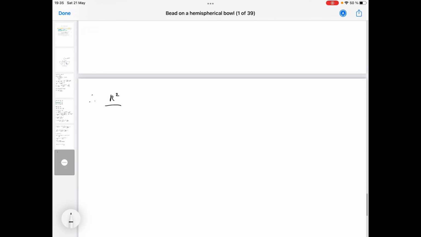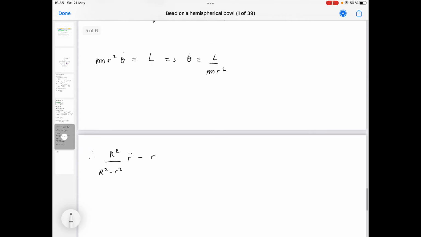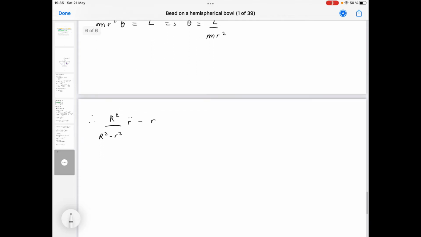So we would just get r squared over capital R squared minus little r squared times r double dot, minus r times phi dot squared, so minus r times L squared over m squared r to the 4, plus, what do we have? We had R squared over R squared minus r squared, whole squared, times r dot squared, plus gr over the square root of big R squared minus little r squared, equals 0.